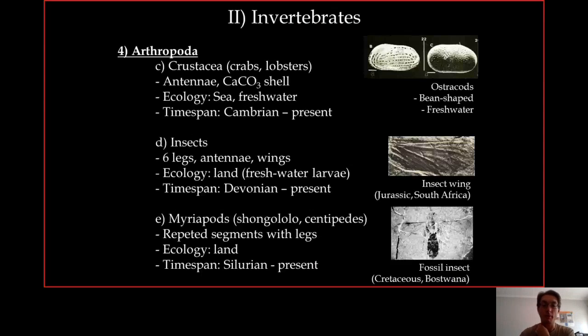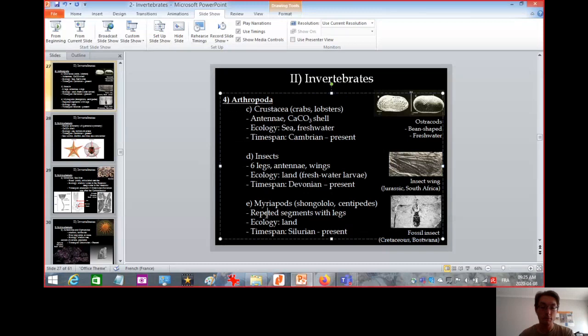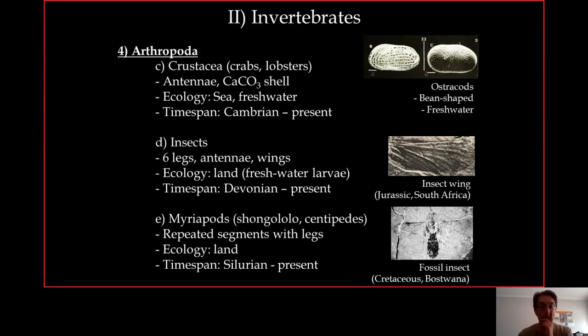So it's the same repeated part. Same as insects, they are typical of a continental environment. So if you find a fossil myriapod, you know you're looking at a continental environment, and their fossil record starts in the Silurian.